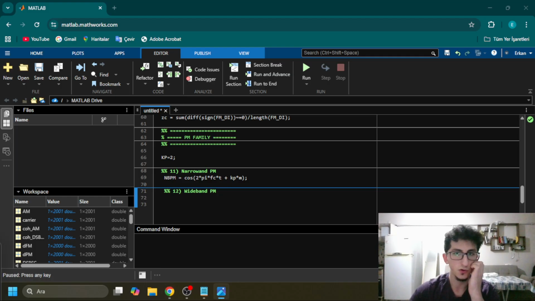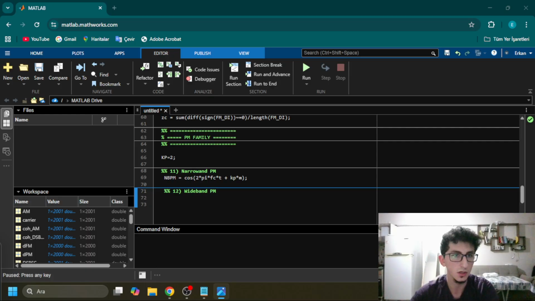It has a different formula too, and wideband PM is generated using a larger phase deviation factor, as we can understand from the name wideband. So it has a formula which is s(t) equals cosine 2 pi FC t plus 10 KP m(t).